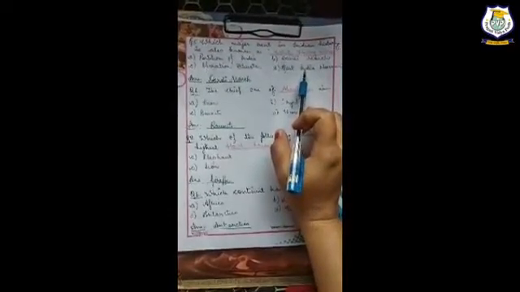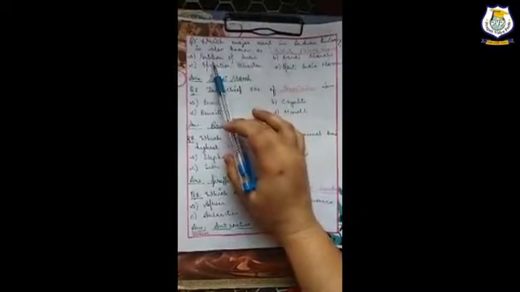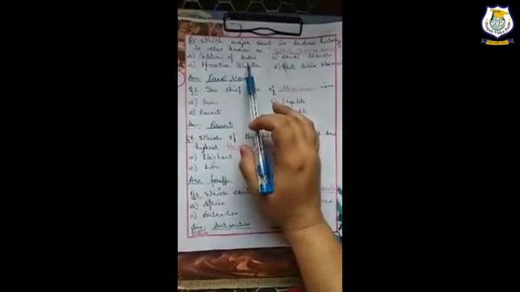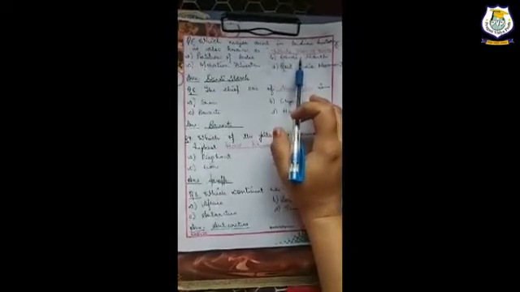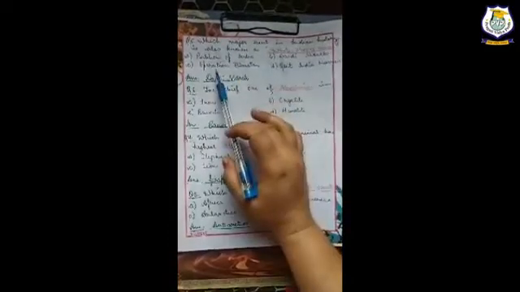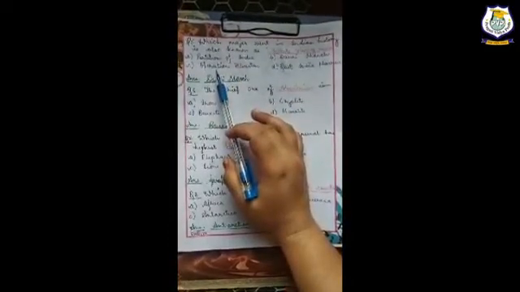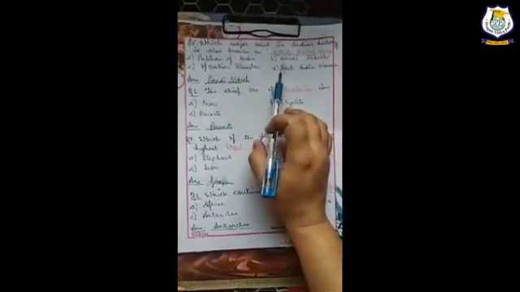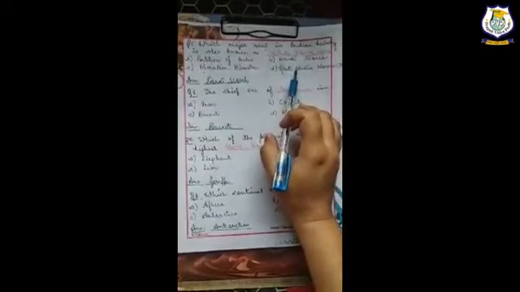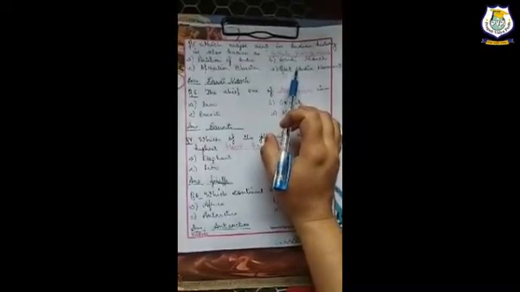I repeat the options, students. Option A, Partition of India, option B, Dandi March, option C, Operation Blue Star, option D, Quit India Movement.